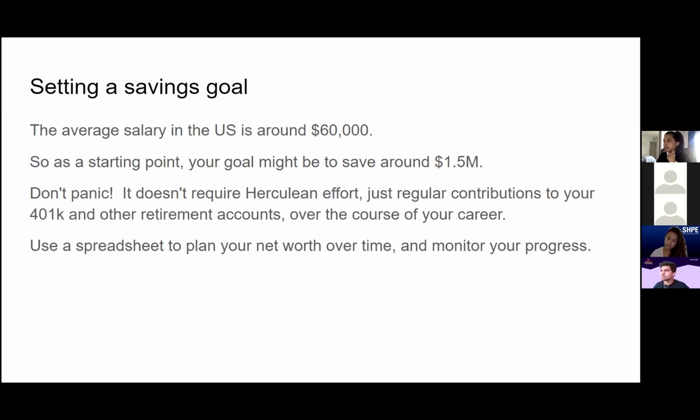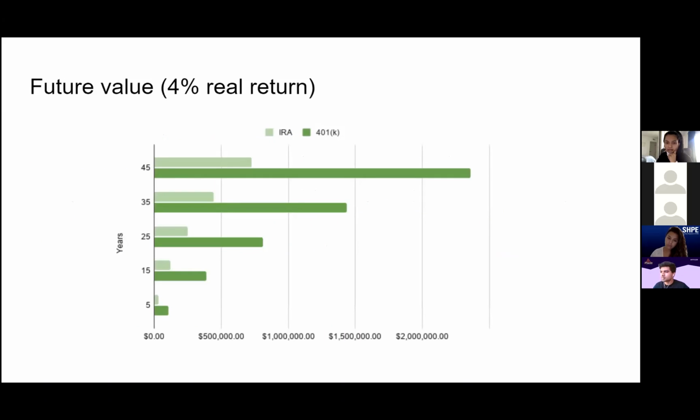So anyway, here are some examples, and we'll be talking more about these accounts a little later. But you have an IRA and a Roth IRA that allow you to save $6,000 a year in a tax-advantaged account. And for a 401k, the elective deferral contribution limit is $19,500. So if you saved the maximum in your IRA, this is $6,000, the light green.